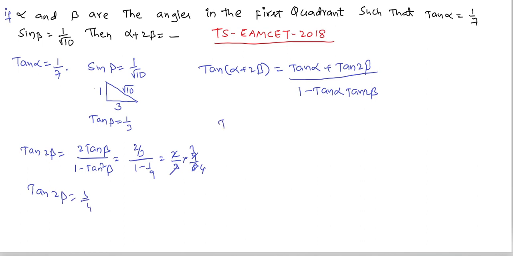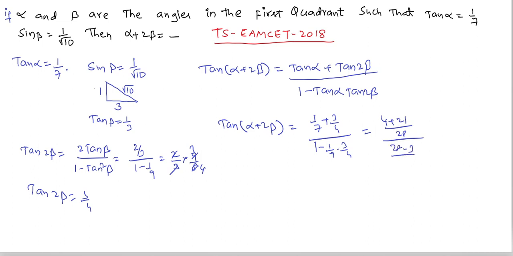So therefore tan of alpha plus 2 beta is equal to tan alpha 1 by 7 plus 3 by 4 by 1 minus 1 by 7 into 3 by 4, equal to 4 plus 21 by 28 by 28 minus 3 by 28.